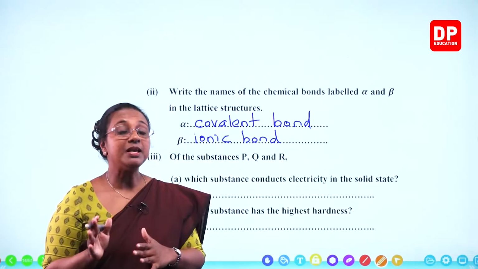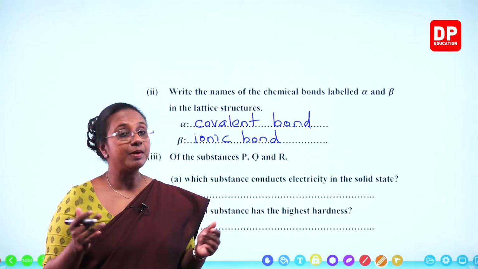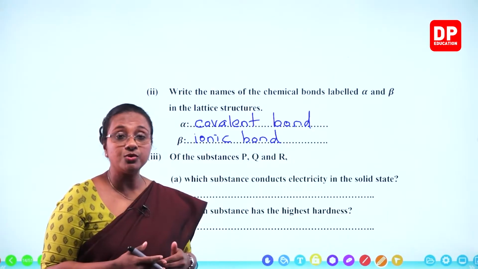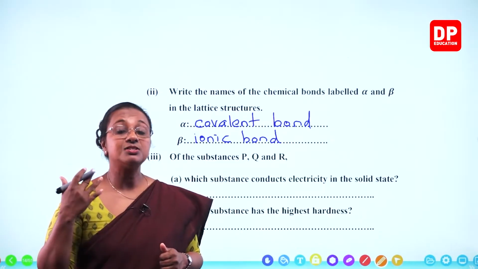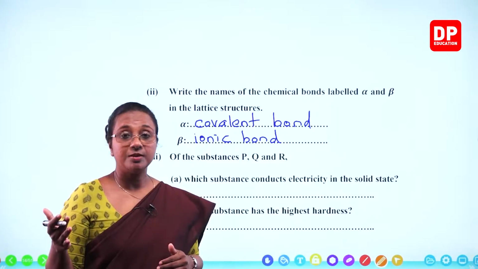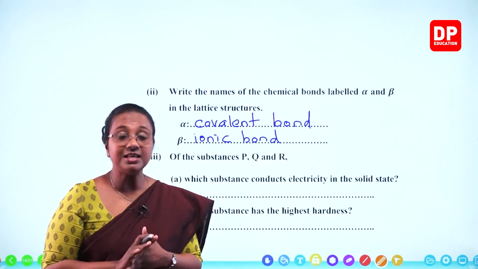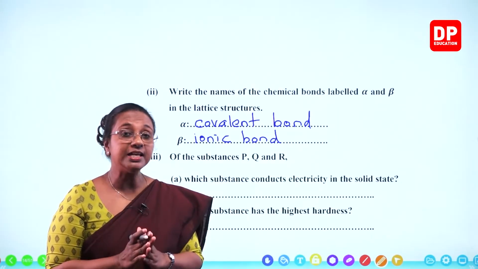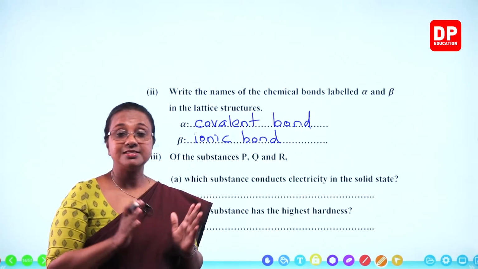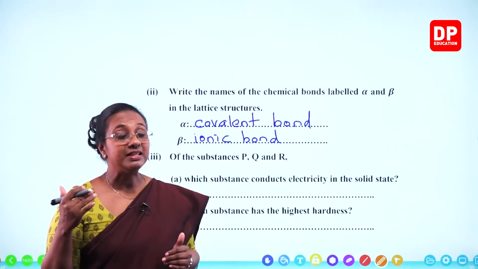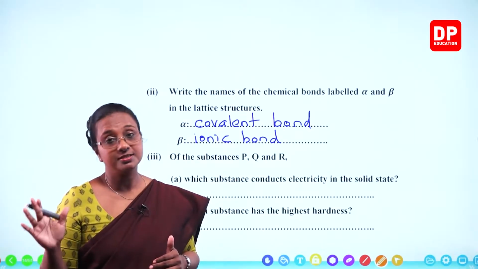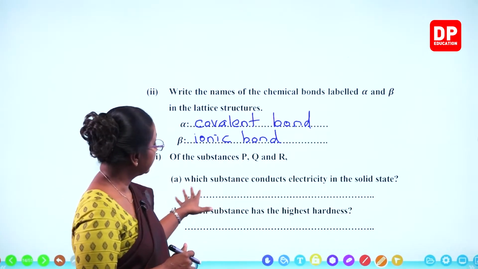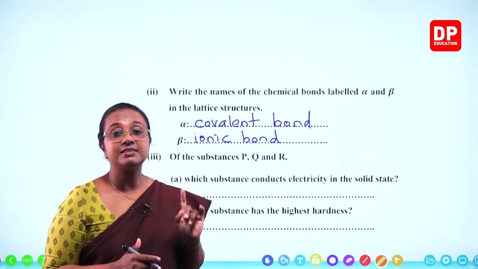But when it becomes the liquid state, that is fused or molten sodium chloride, or else the solution, aqueous sodium chloride, it conducts electricity well. So, ionic compounds don't conduct electricity in the solid state, but they can conduct electricity in the liquid state or the solution state. So, the component that can conduct electricity is graphite.